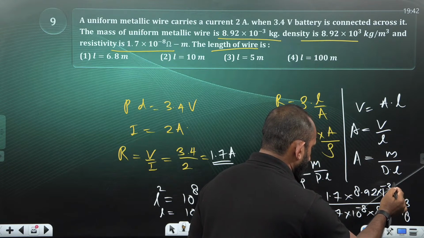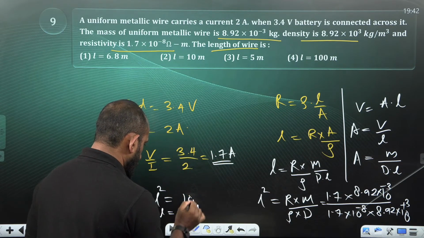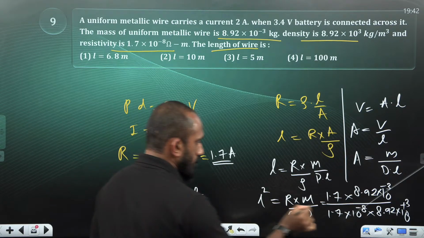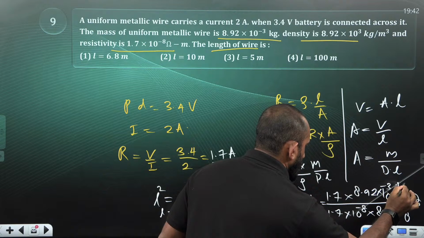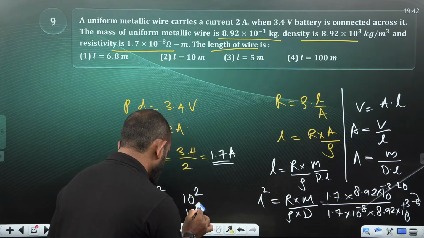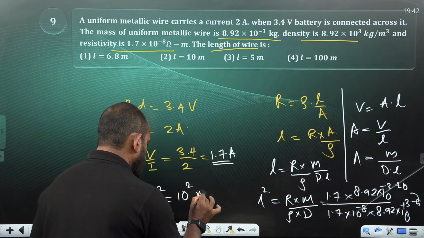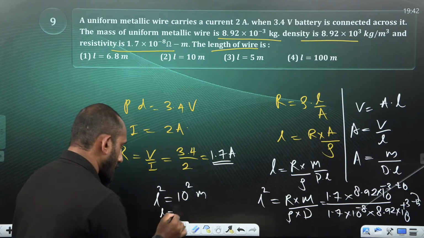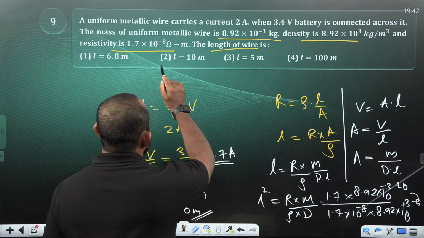So minus 8 plus 3 is minus 5, but take it up, plus 5 is there. So it will be 10 raised to 2. So root of 10 raised to 2, that is 10 only. So L square is 10 square meters, so L is equal to root of 10 square, that is 10. So length of the wire is 10 meters.